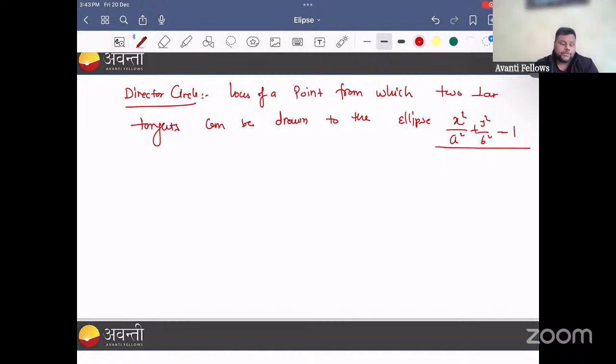Locus of a point from which two perpendicular tangents can be drawn to the ellipse. Got it? Now, how to do?